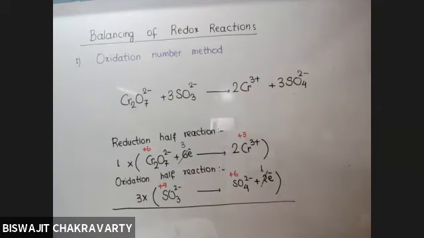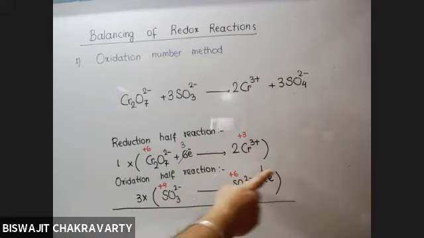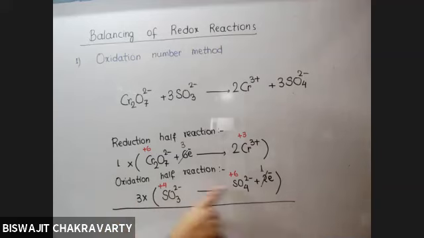Yes, sir. Any doubt? When you add these two, the electrons are not there; they get mutually cancelled. 3 electrons here, 3 electrons here, right and left will get mutually cancelled, isn't it? Yes, sir. Okay.